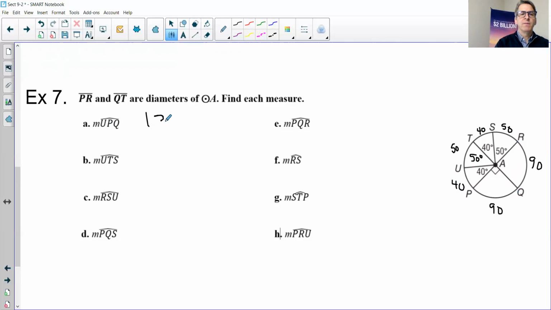Letter B, UTS is 90, 40 plus 50. RSU: you've got R, you got 50, S, and then all the way around another 40, 90 plus 50, that appears to be 140.